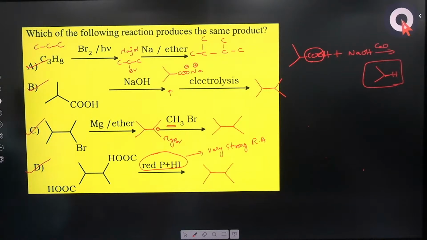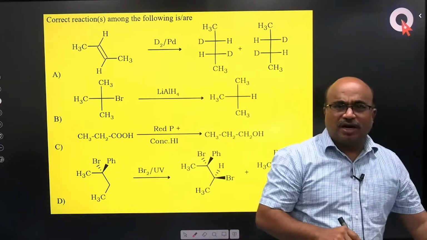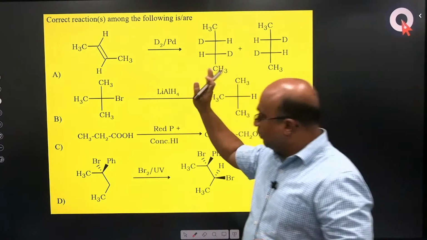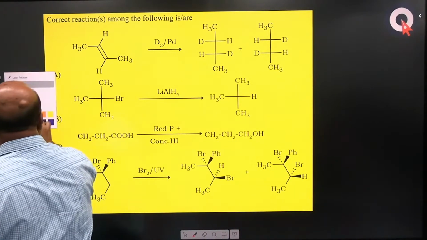Now coming to the next question. There is a space given for us. Now the same deuterium we are adding under palladium, as we already discussed. So what is this? It's a trans compound.